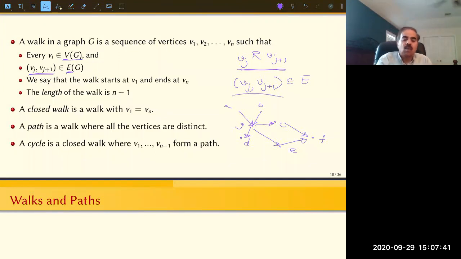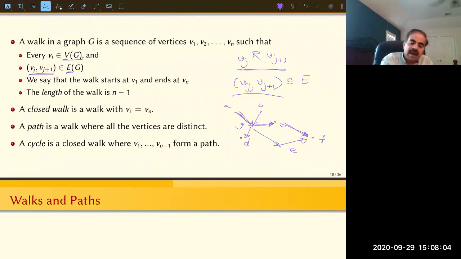Okay. So once we have represented it in this way, then we can think of operations like walking through the graph, and then we can say a walk is simply a sequence of edges that you traverse, right? So those edges must be adjacent to each other, right?